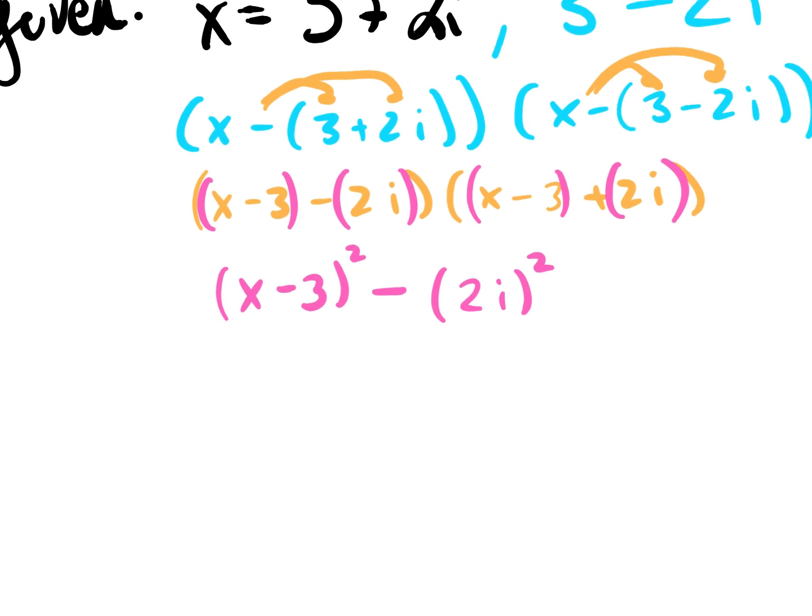So here we cannot just distribute the squared, we have to FOIL it. So this is like saying x minus 3 times x minus 3. If you need to, write it twice right next to each other, FOIL it out. So x times x would be x squared. X times negative 3 is negative 3x, negative 3x, and negative 3 times negative 3 is positive 9.